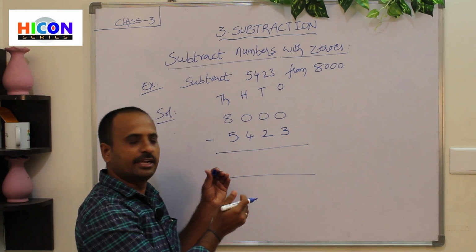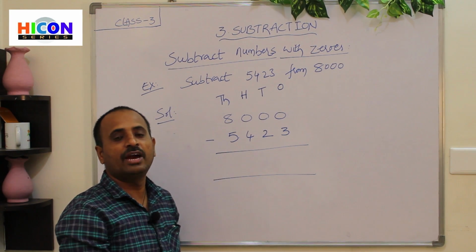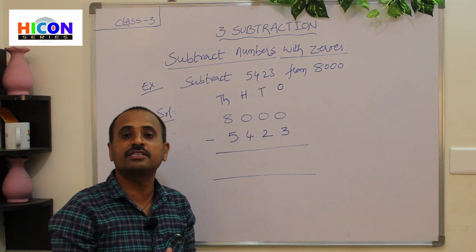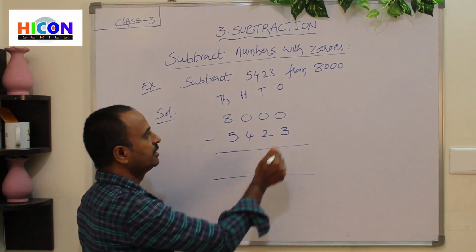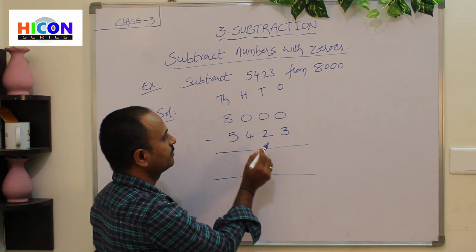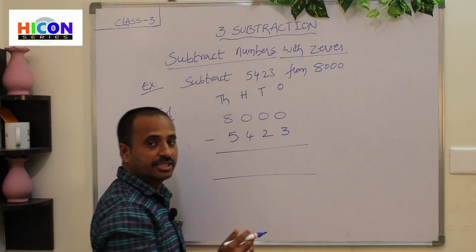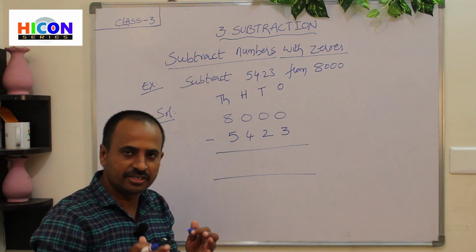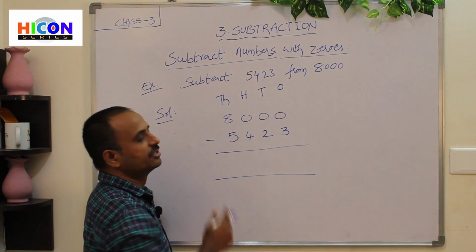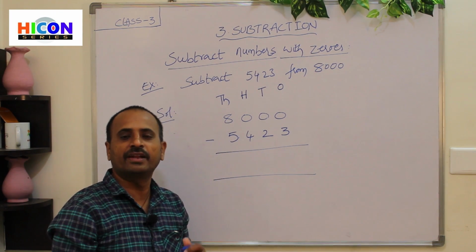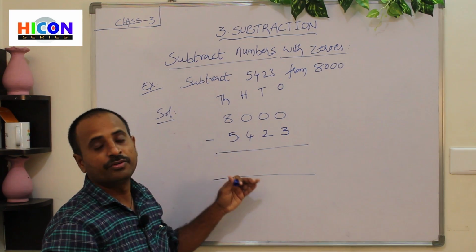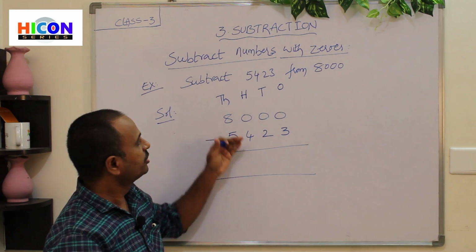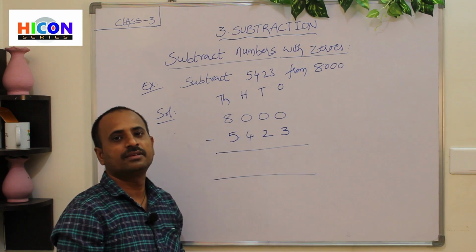While writing the numbers one below the other, we have to take care that all the digits are in their corresponding places: ones digits in the ones place, tens digits in the tens place, hundreds digits in the hundreds place, and thousands digits in the thousands place.